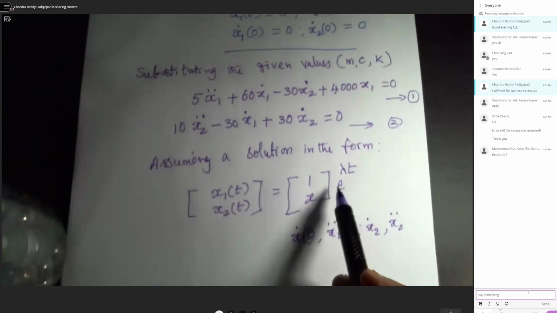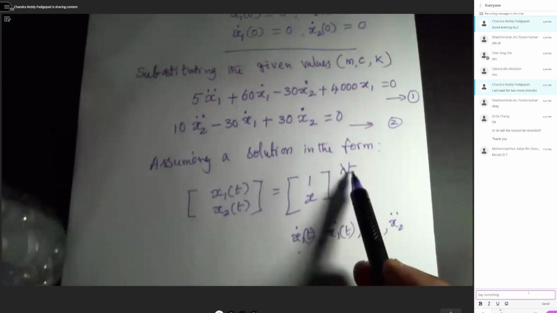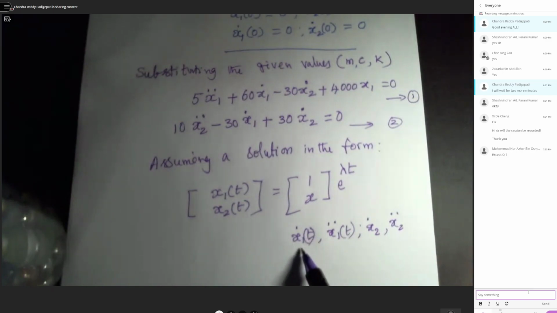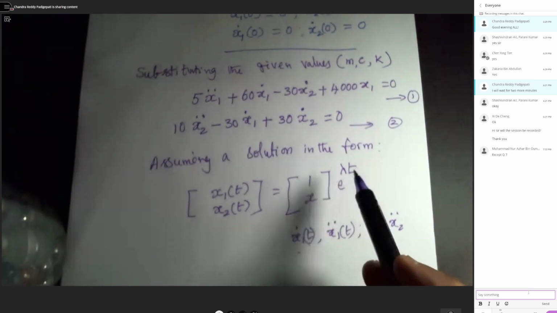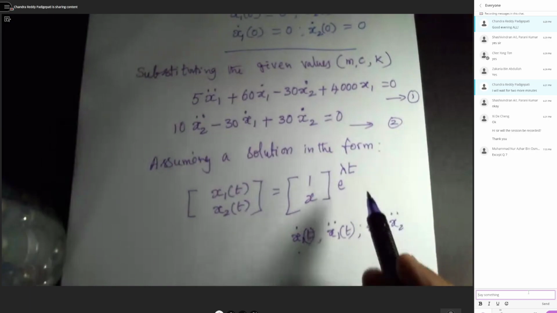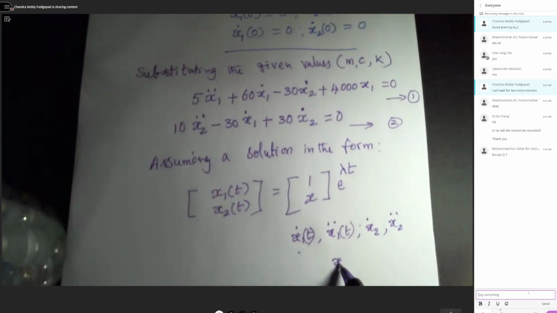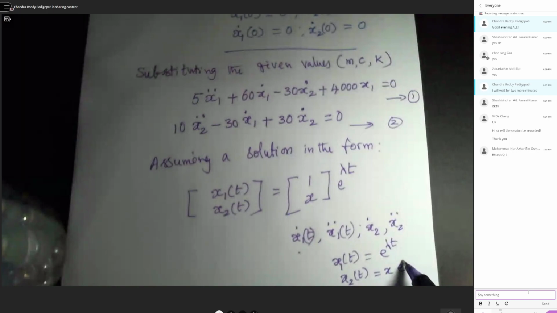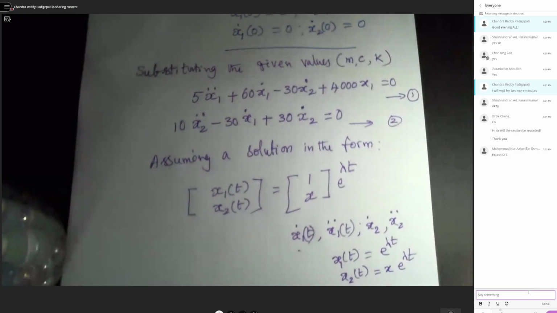So x1 is simply 1 into e power lambda t. Then the derivative of x1 will be lambda into e power lambda t. So you need to just take x1(t) as e power lambda t and x2(t) as X into e power lambda t.